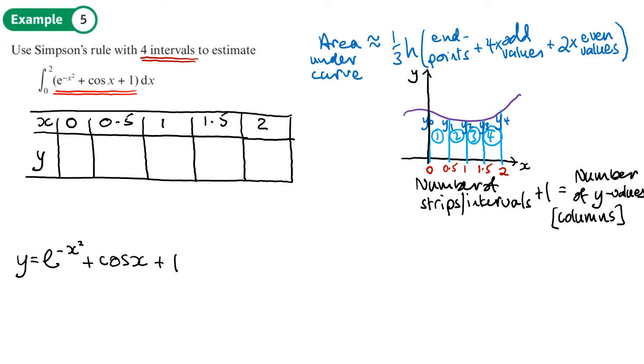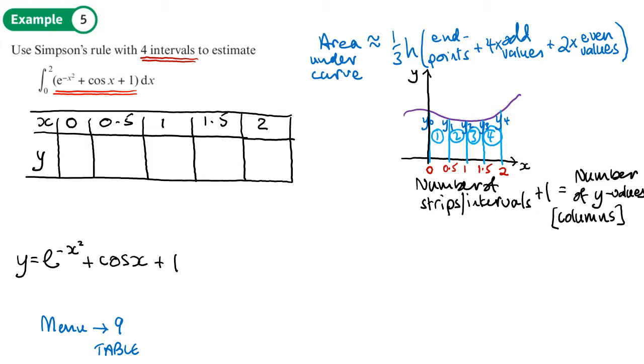So if you press menu and table is 9, if you've got a ClassWiz calculator, let's write it down here. So menu and then 9. 9 is the one that's for a table. Then it says f of x.